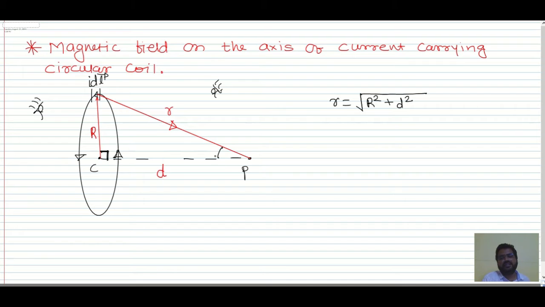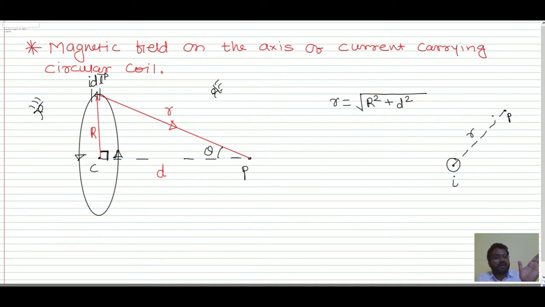Now if I consider this angle as theta, and if I want the magnetic field due to this smallest element possible at point P, to find the direction, I'll first take the out of the plane current carrying conductor, and find the magnetic field at position vector r, at point P. What you have to do is stretch the thumb in the direction of the current, that is out of the plane, and just see the direction of the palm.